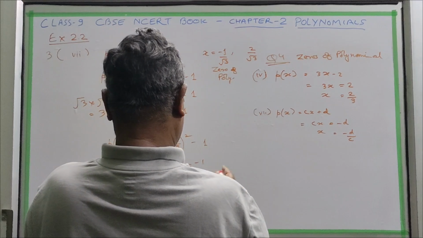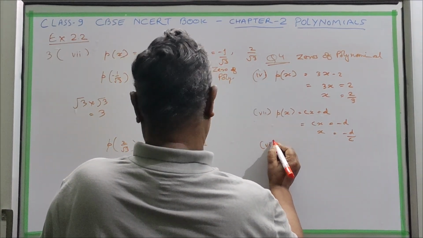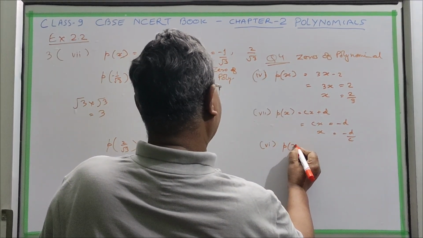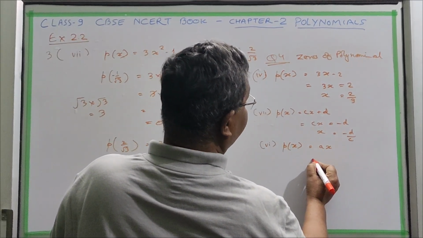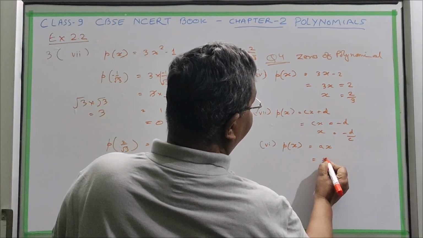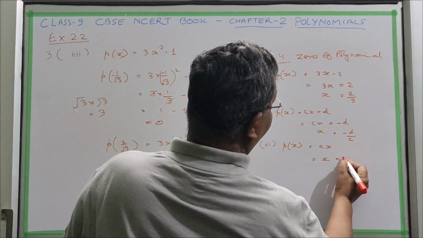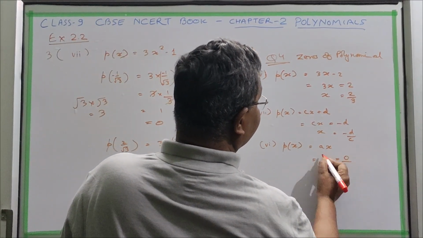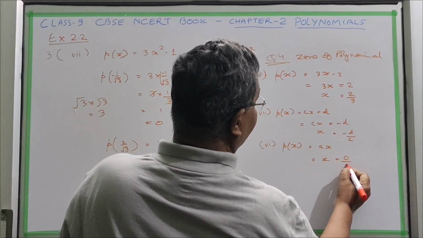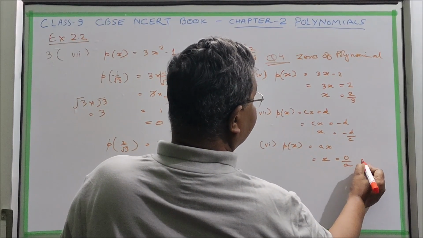Then another we can take, the 6th one. P(x) is equal to ax. So x is equal to, this will go to the other side, then it will be 0 upon a. This will be your answer.